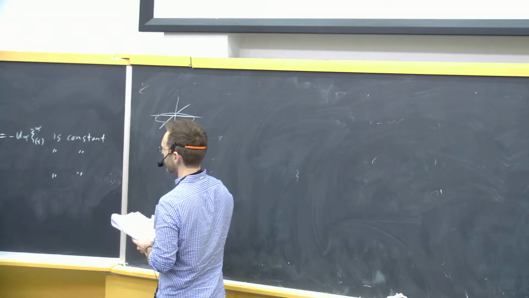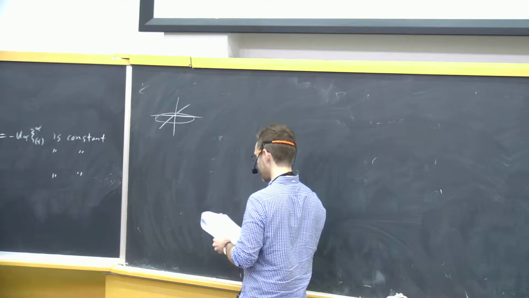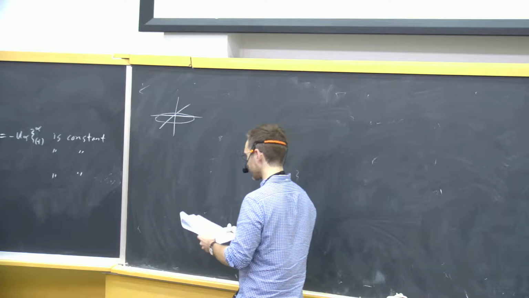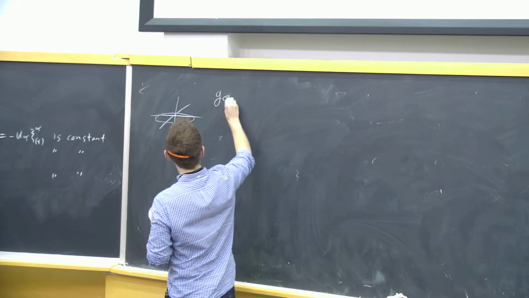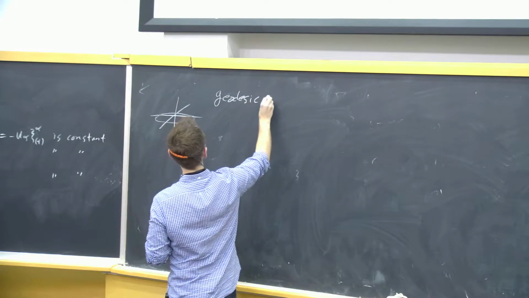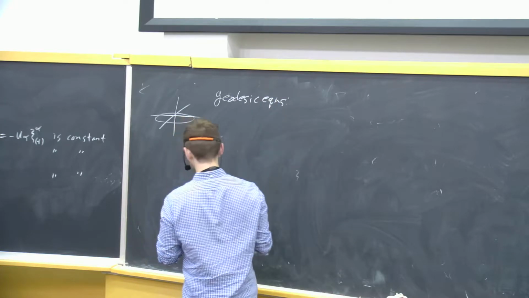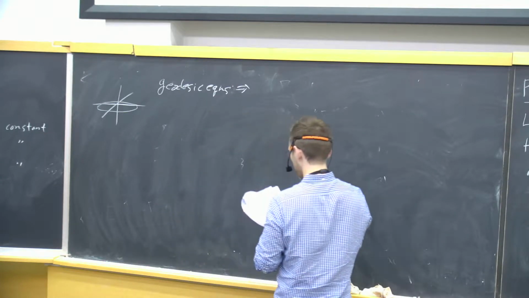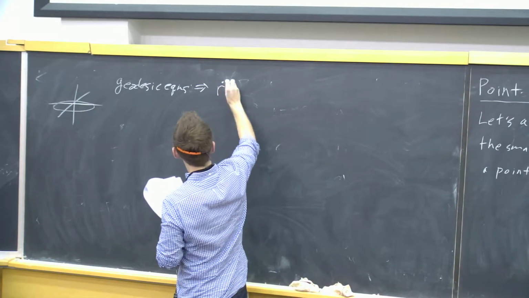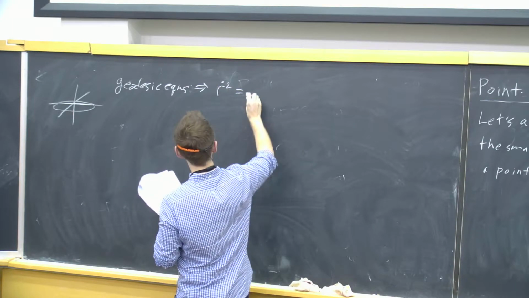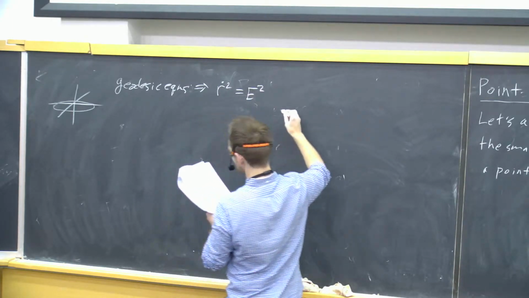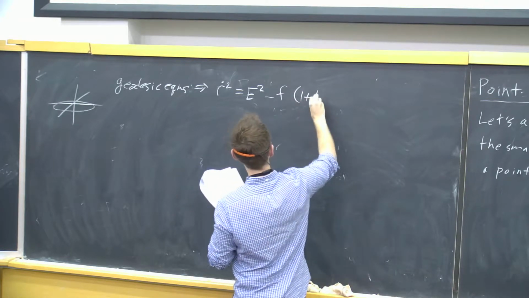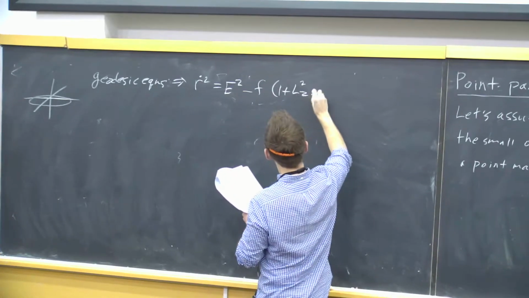And then when you look at the geodesic equations, you find that r dot squared is E squared minus f times 1 plus Lz squared over r squared.